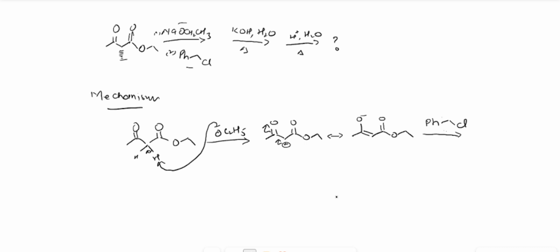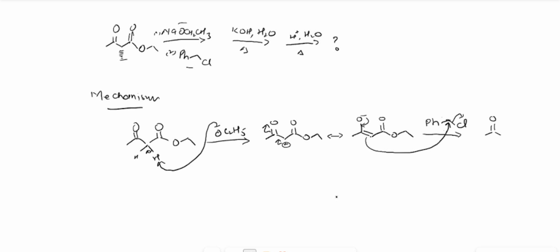So what this enolate does is that it collapses back, and through this carbon of the enolate, this CH2 group of benzyl chloride is attacked because this carbon is electron deficient due to the negative inductive effect of this chlorine. So it attacks here, getting rid of the chloride ion, forming this molecule.